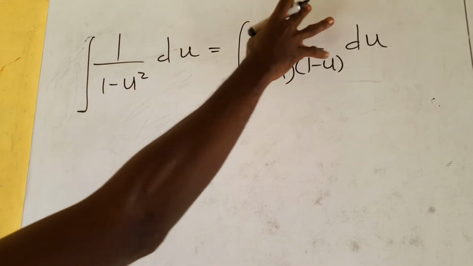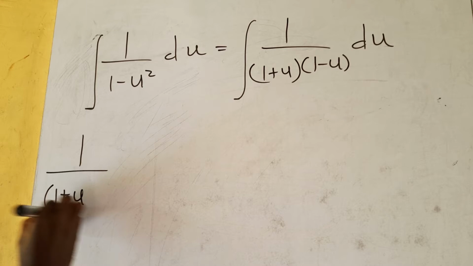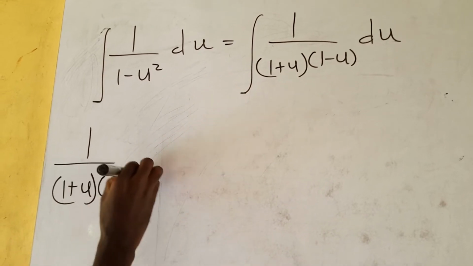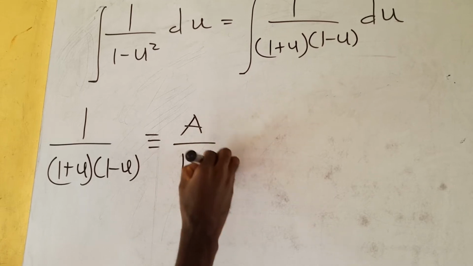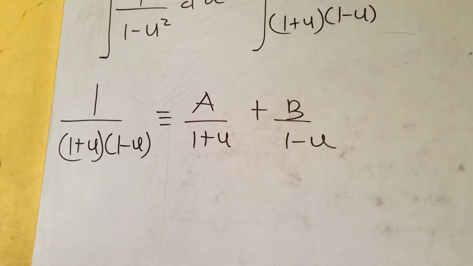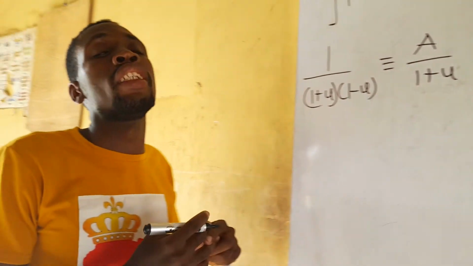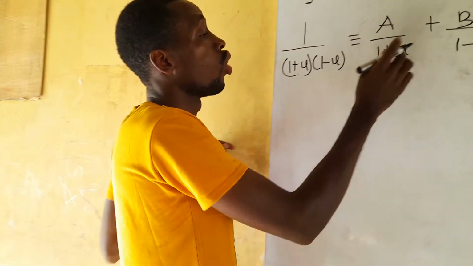First I'll resolve this into partial fraction. So 1 over 1 plus u, 1 minus u will be equivalent to A over 1 plus u plus B over 1 minus u. Please check out my videos on integration by resolving into partial fraction. Now, how do we solve this?